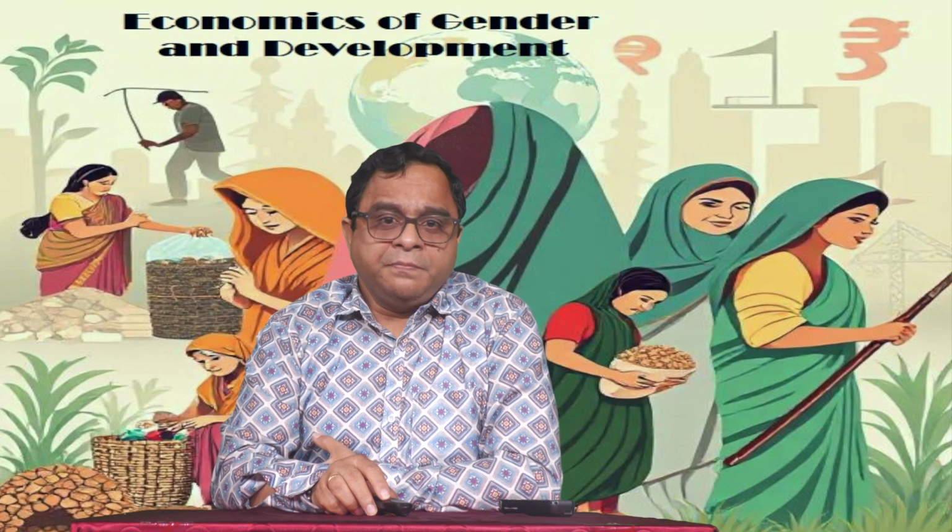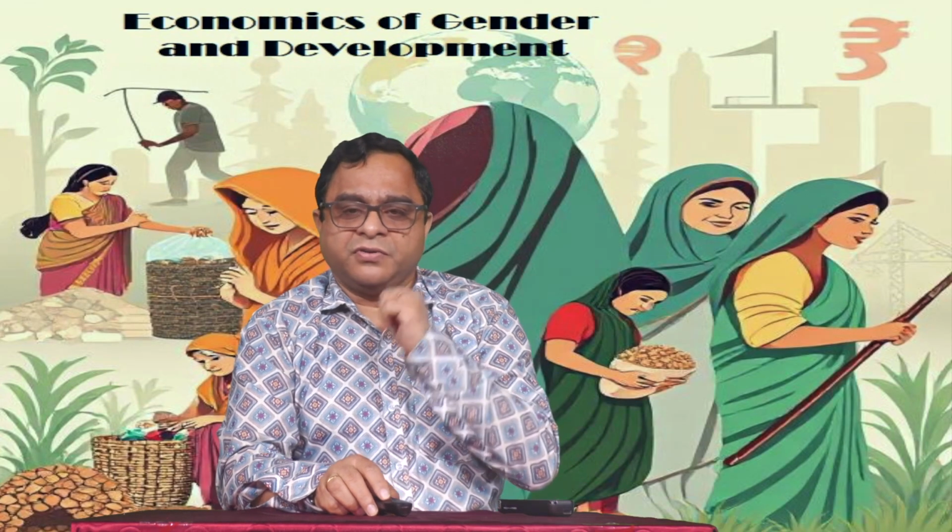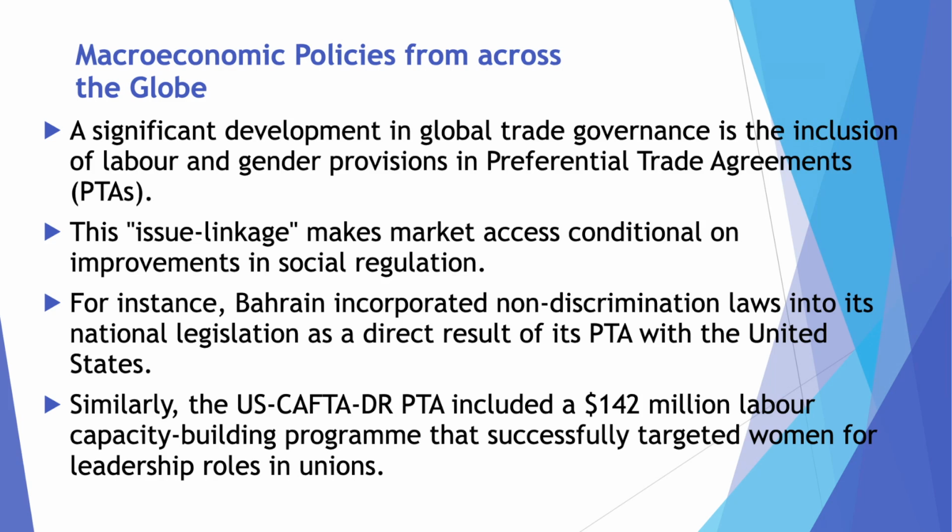A significant development in global trade governance is the inclusion of labor and gender provisions in preferential trade agreements. This issue linkage makes market access conditional on improvements in social regulation.